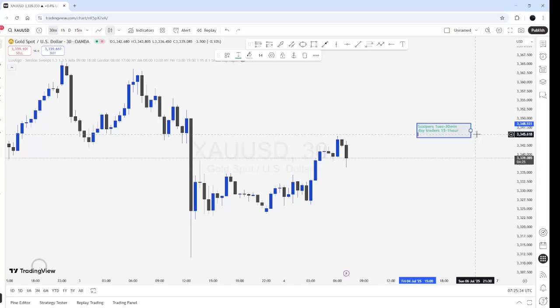Then we have the swing traders, who also hold positions for a long time, let's say a week, 2 weeks, 1 month, 2 months, 3 months, 4 months, even an entire year. You can see people holding trades.